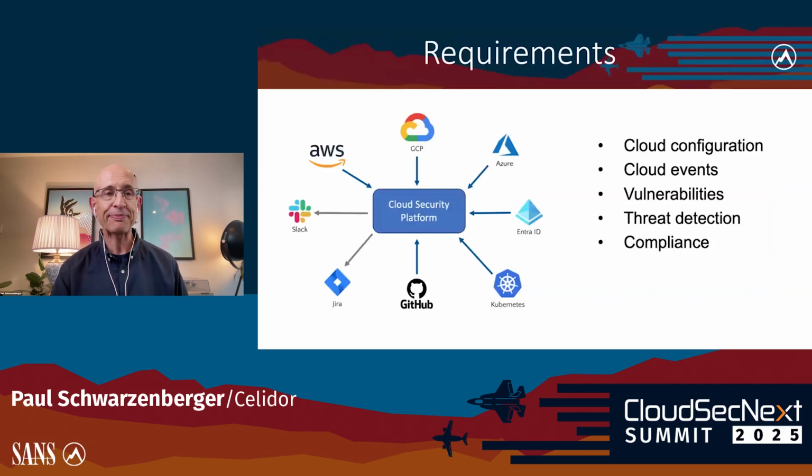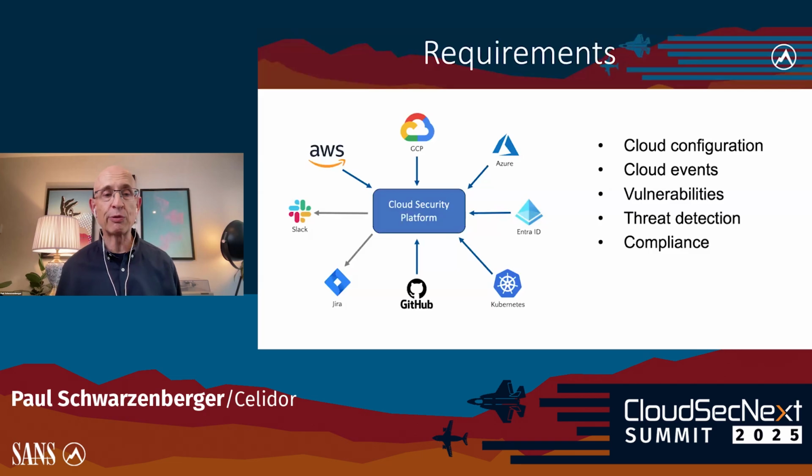Let's get going. Okay, so what are the typical requirements for a cloud security platform? So firstly, the requirement these days is typically for multi-cloud. Most organizations now have more than one cloud. They might have AWS, Google Cloud, Azure, Oracle.